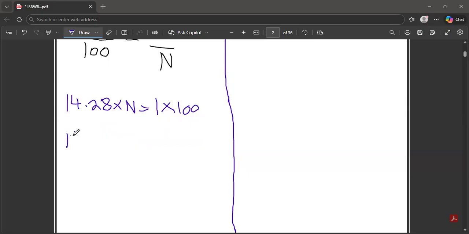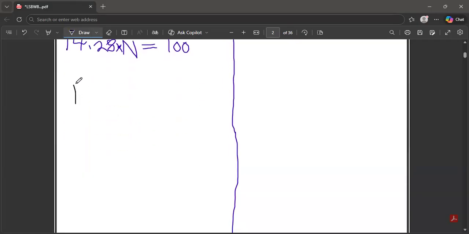So we have 14.28 n equal to 100. Now we want n to stand alone, because we have to divide both sides by 14.28.